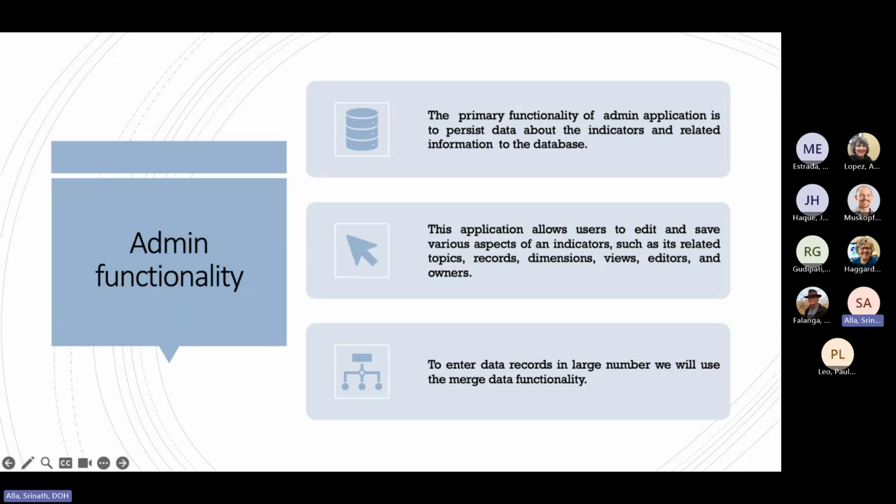The admin application also has a merge data functionality. As I told you, the admin application is mainly used to edit the data and save it to the database, so if you want to enter a large amount of data, we will be using the merge data functionality.